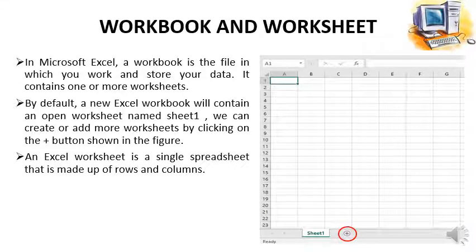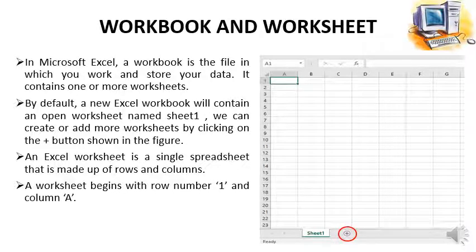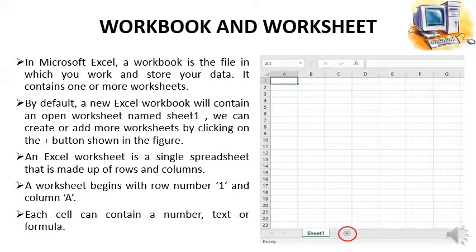An Excel worksheet is a single spreadsheet that is made up of rows and columns, as we can see here in this image. A worksheet begins with row number 1 and column A. Here in this worksheet we can see that the rows are represented by numbers starting from 1 and the columns are represented by capital letters or alphabets starting from capital A. Each cell can contain a number, text or formula.